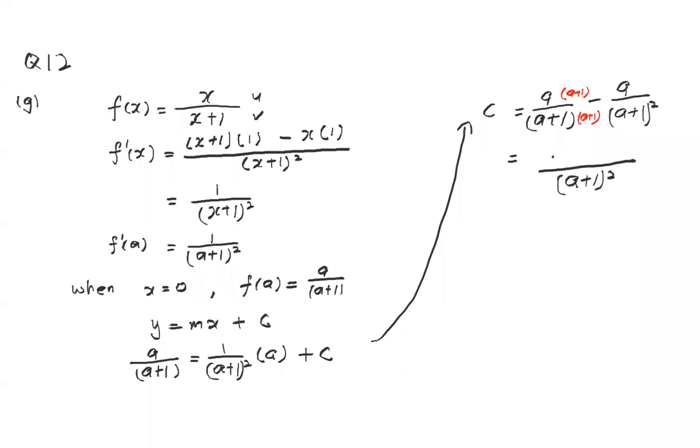The top will be a squared plus a minus a. So that's why you have a squared over (a plus 1) squared. Would that be okay? So this is a proving part. Okay, so I have done that.